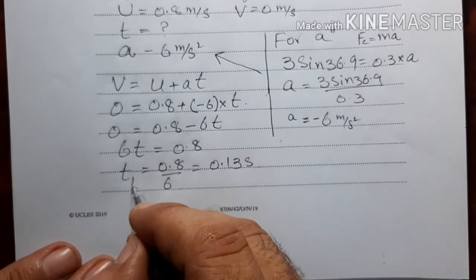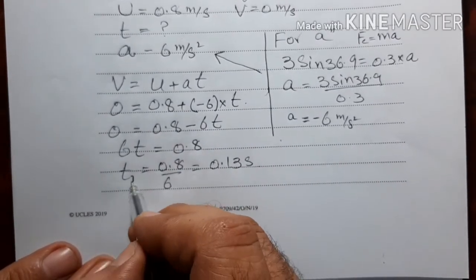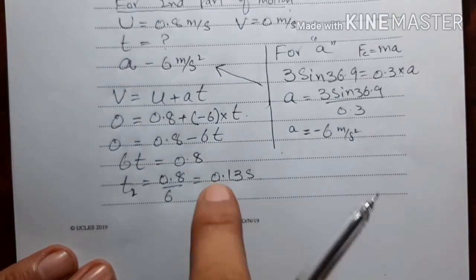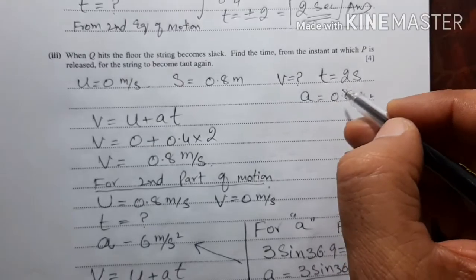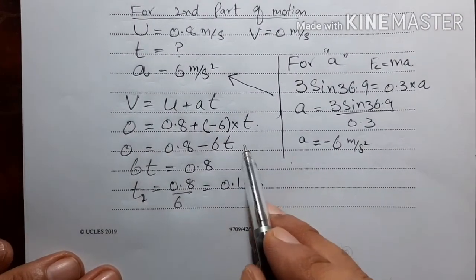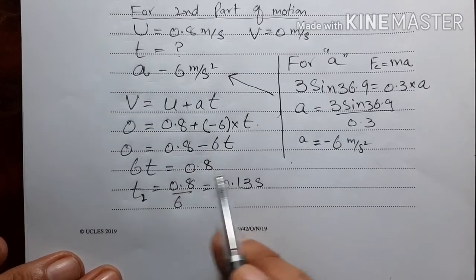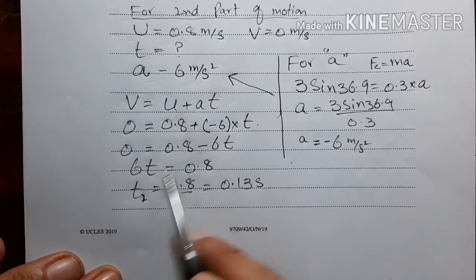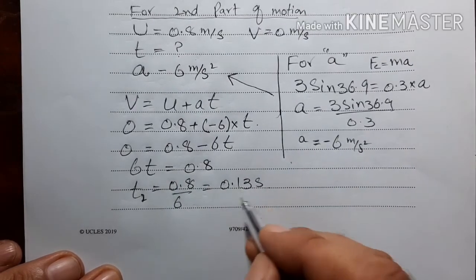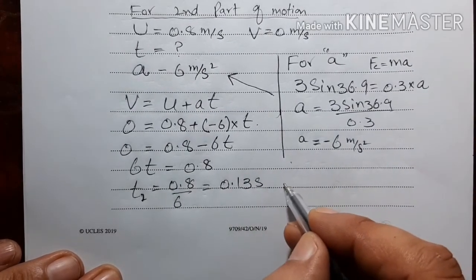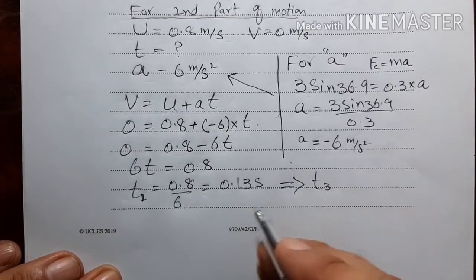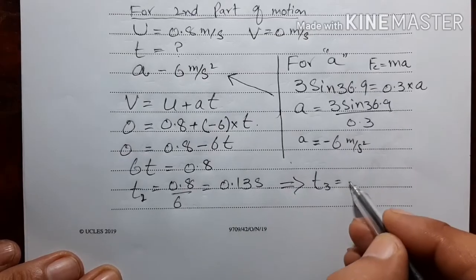So this is actually time 2. This is time 1 for the first part of the journey. This is time 2 for the upward movement after Q hits the ground, and then the body P will move backward again. Therefore, for the third part, the backward motion, the time will be the same.